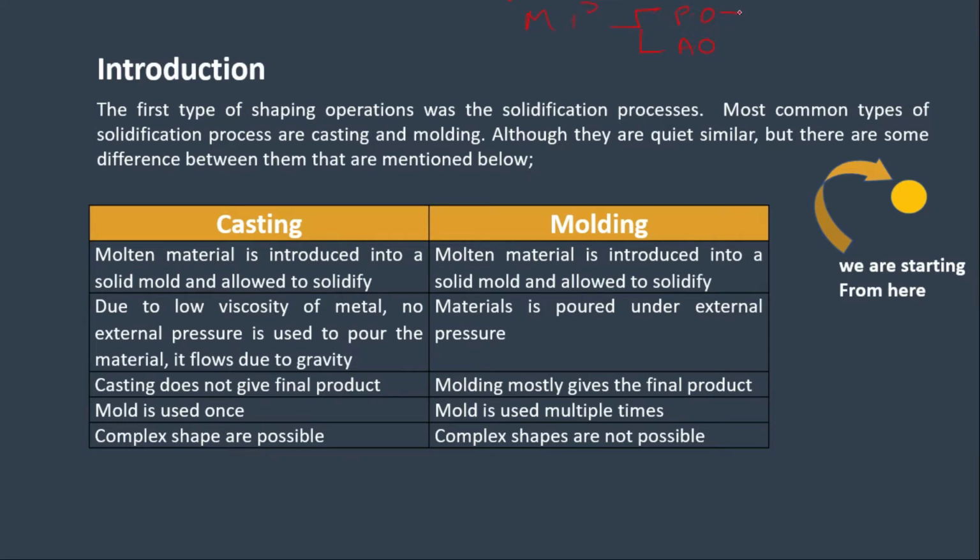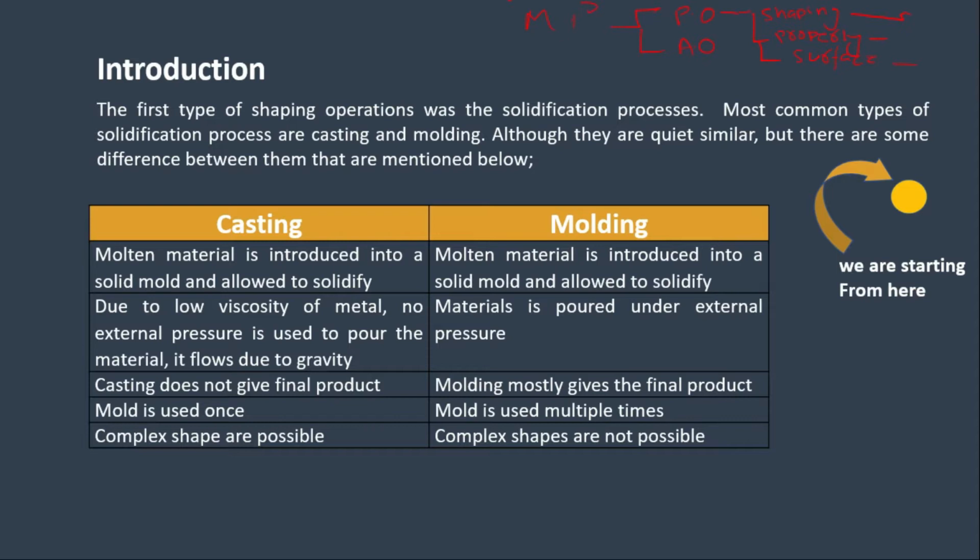The processing operation has shaping, property enhancement, and surface finishing. So casting is the first step of the shaping operation, which is a solidification process.